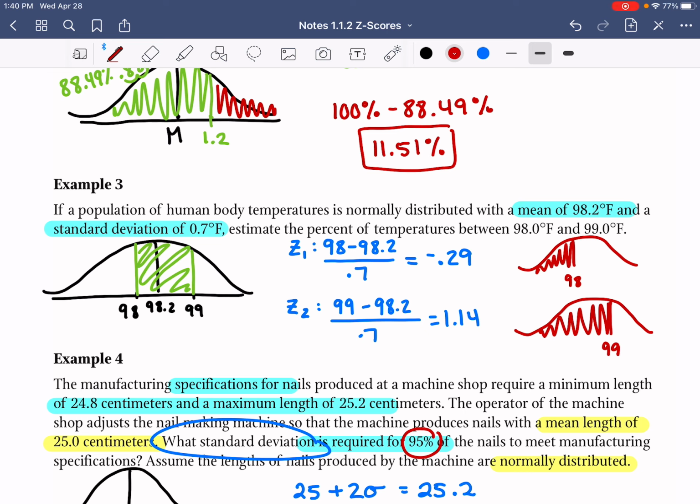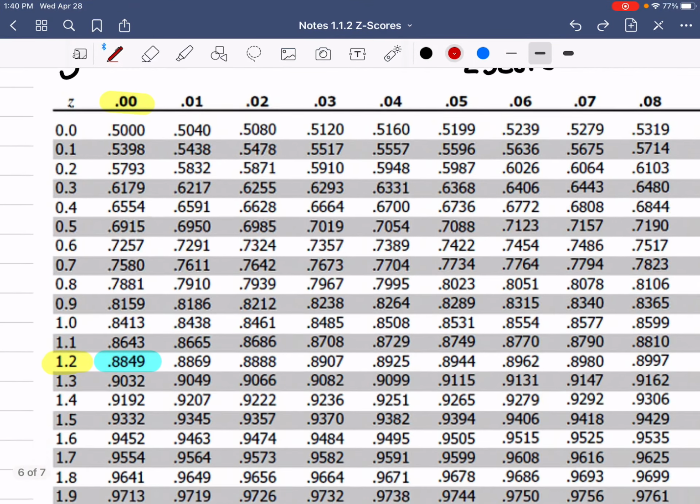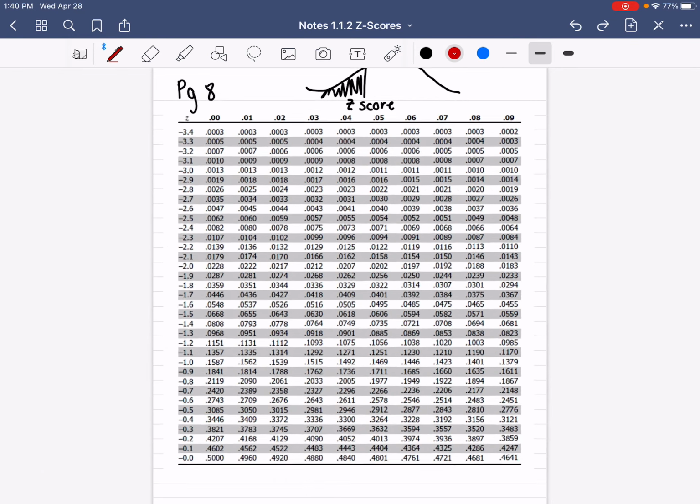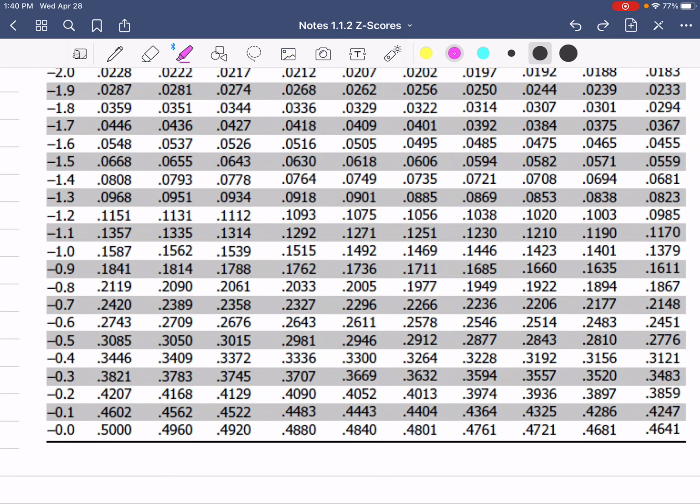Okay, so if I use my first number, negative 0.29, I'm going to go to the side that's negative, so that's page 8, negative 0.29. So I go to negative 0.2, and then I got to go to 9. So this is 0, 1, 2, 3, 4, 5, 6, 7, 8, 9.